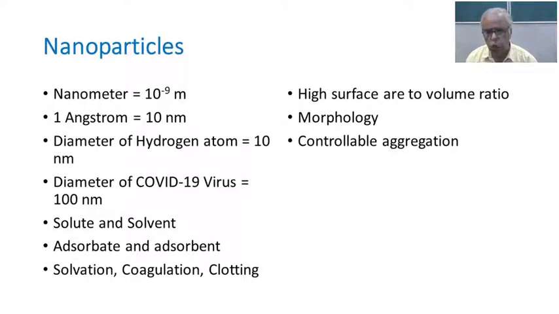Here the adsorbing surface is called the adsorbent, and the adsorbed particles are the adsorbate. For instance, consider a virus or dust caught on a rough or porous surface: the virus is the adsorbate, and the porous substrate where it is locked is called the adsorbent. I hope it is very clear now.